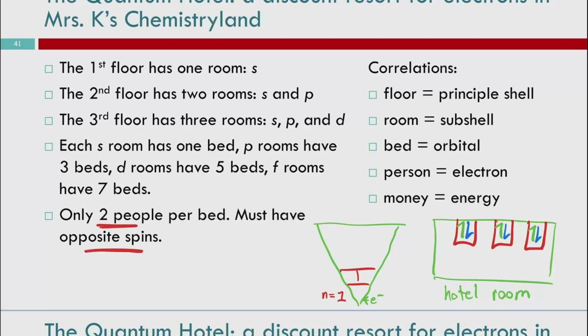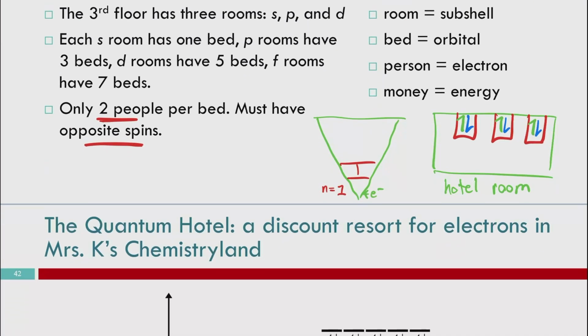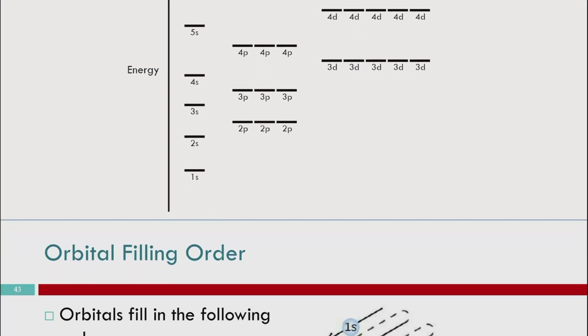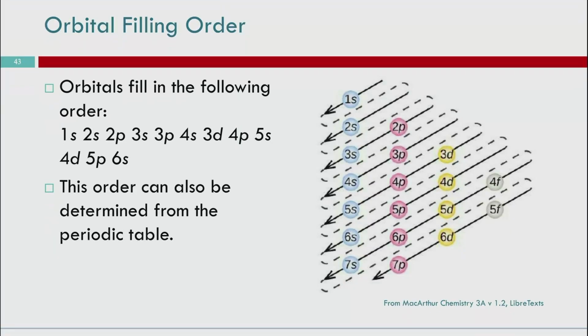But if they're given the choice, it's all lined up, heads along the wall, nice and cozy. So that's maybe a way that you could think of the way that our electrons go in. Sort of a look at the quantum hotel, I guess.